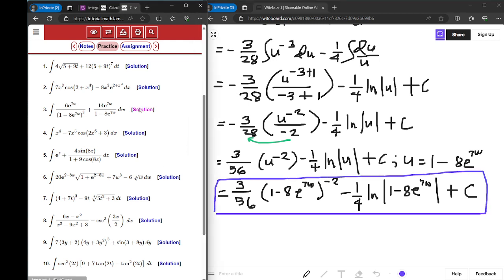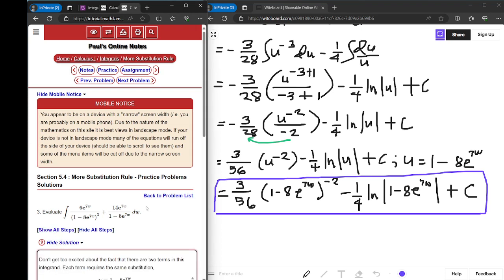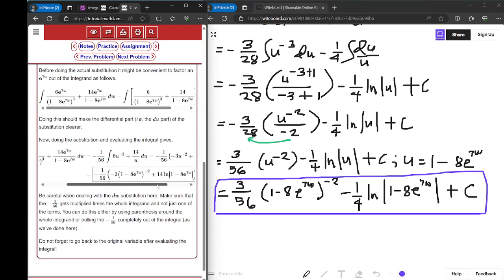So let's check. Show steps. Okay, let's go to the final answer. So we have here 1 minus 8e to the 7w raised to negative 2, and we have ln of 1 minus 8e to the 7w.